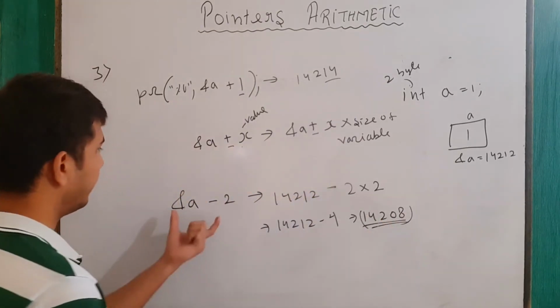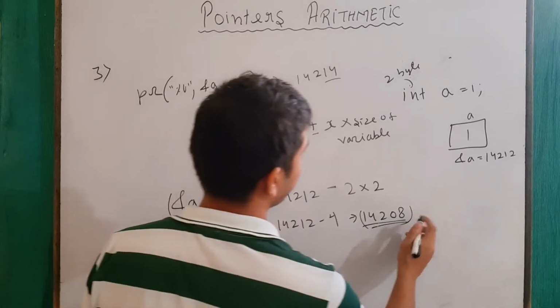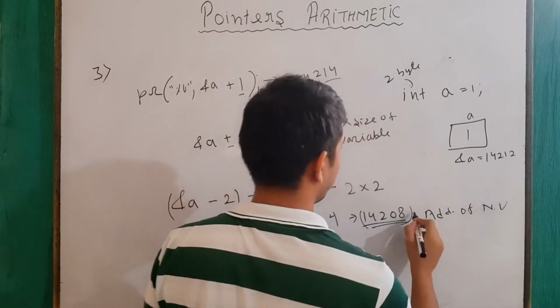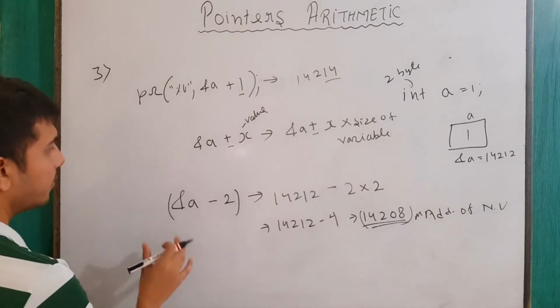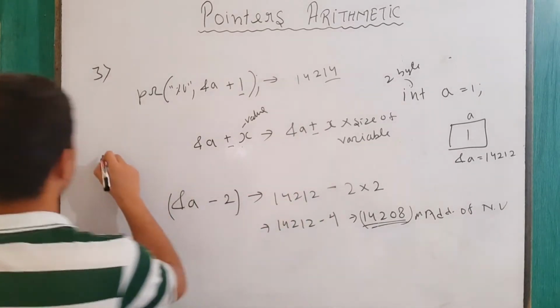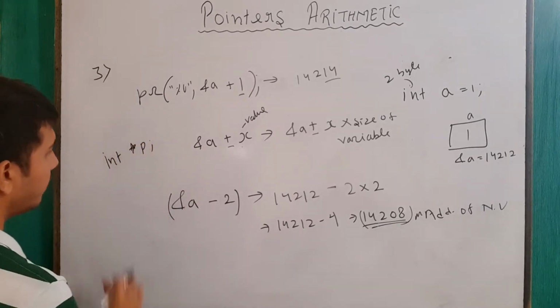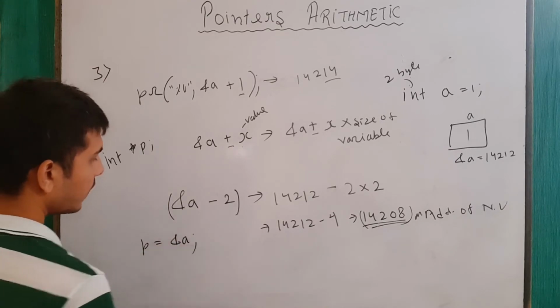According to the second point, whatever is the output of this will now be treated as the address of a normal variable. Why is it important? Let's say there was a pointer variable. A pointer variable p can hold the address of a normal variable.